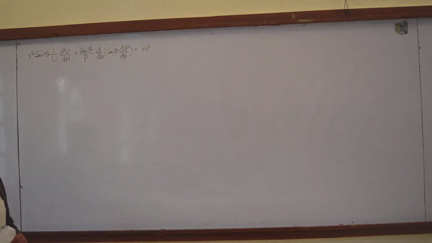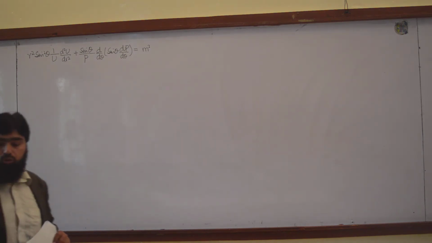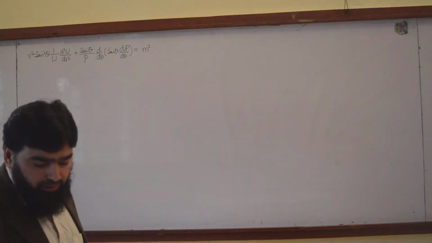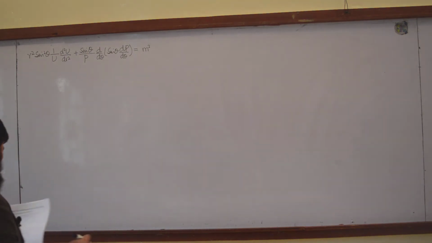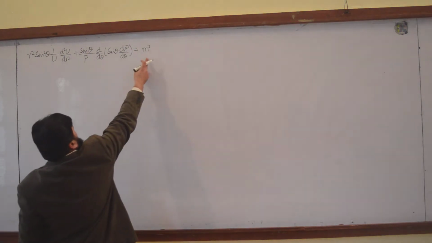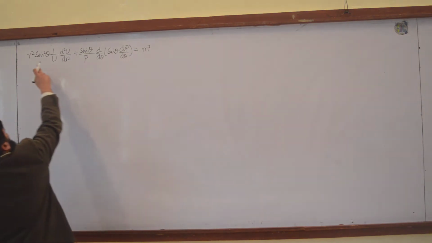The earlier one was equal to minus m squared for phi, so this whole thing is equal to plus m squared.